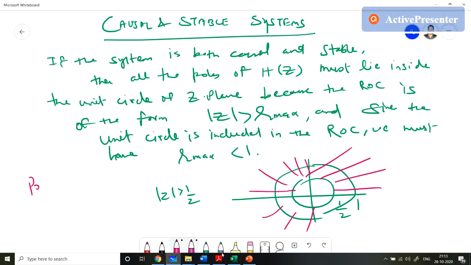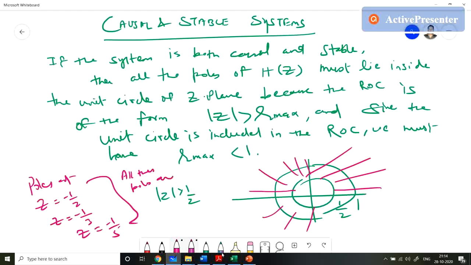So if we have poles at z equals minus 1 by 2, z equals minus 1 by 3, z equals minus 1 by 5, all these poles are on the left hand side and their magnitude is obviously less than 1. So all the poles are inside the unit circle.